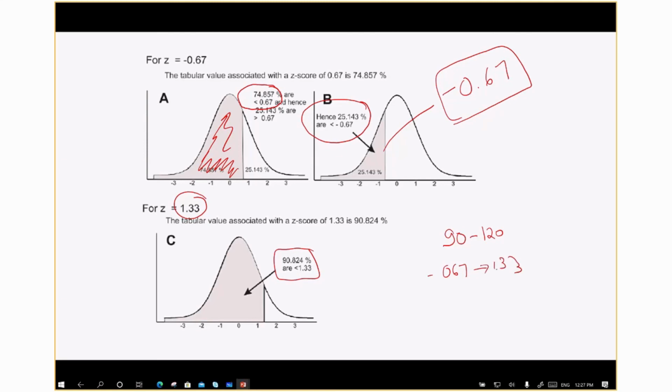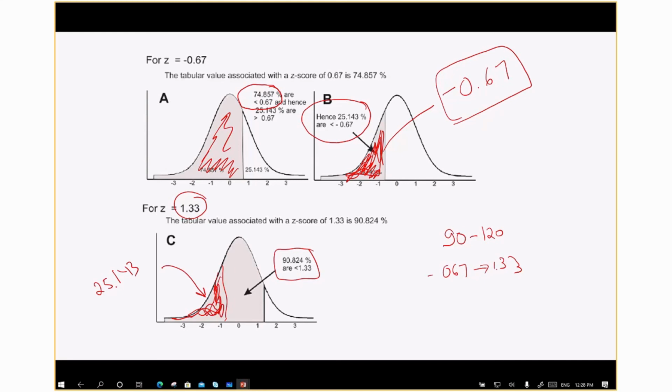Well, here is the proportion that's less than minus 0.67. So this value here is the proportion less than minus 0.67, which is 25.143 in this area here.